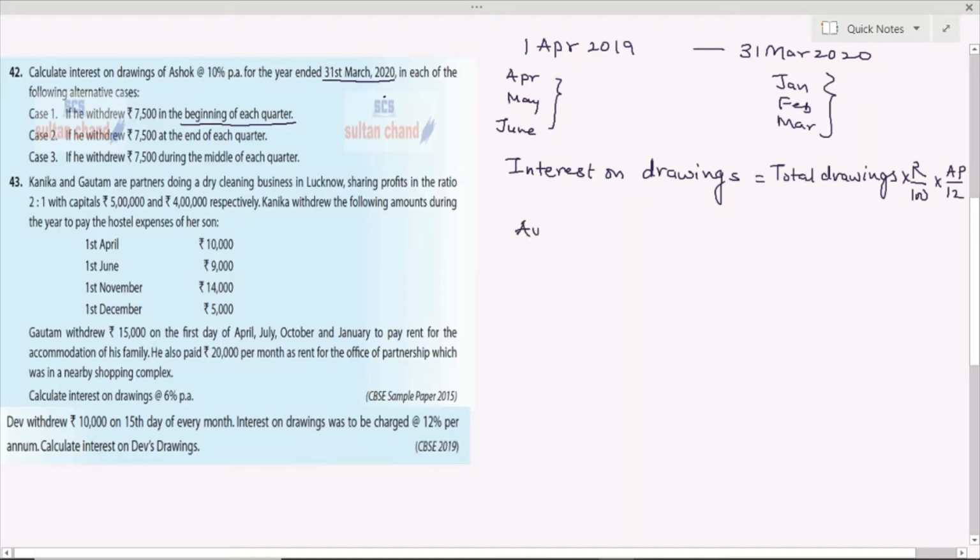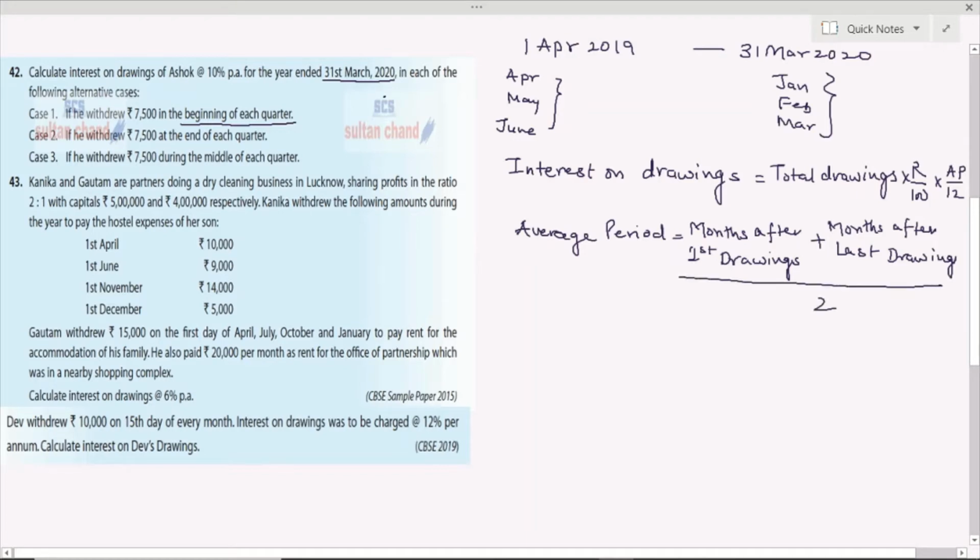Now to calculate the average period, I need the months after the first drawing, and also I need to add the months after the last drawing. And we have to divide it by 2 to find the average.